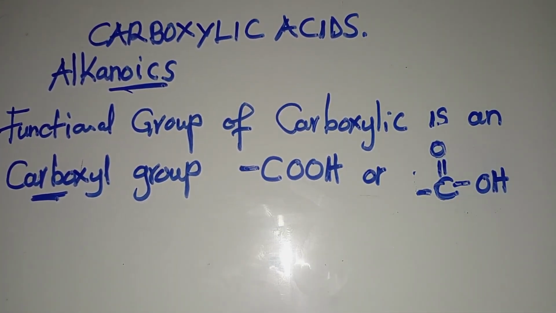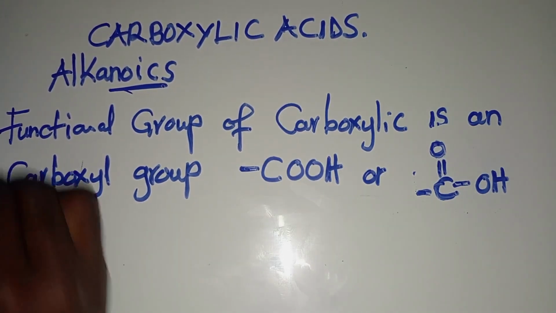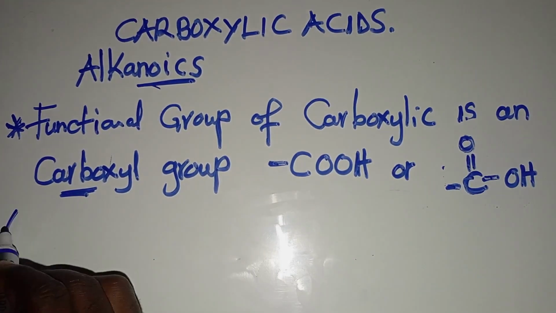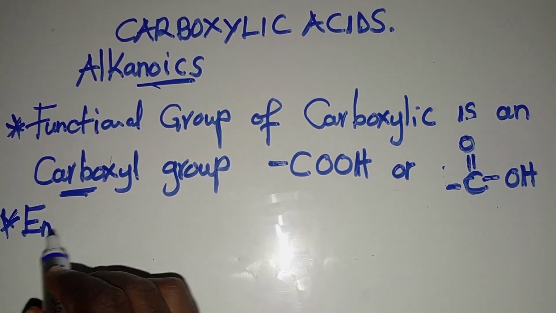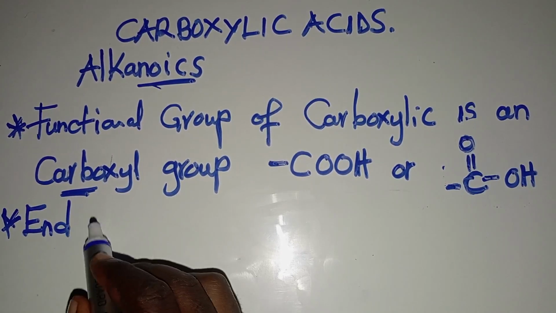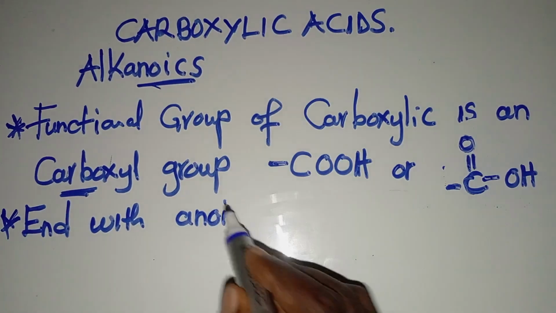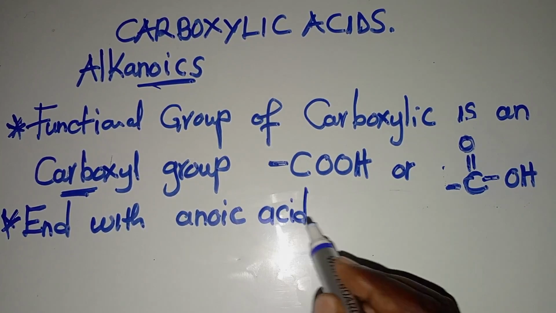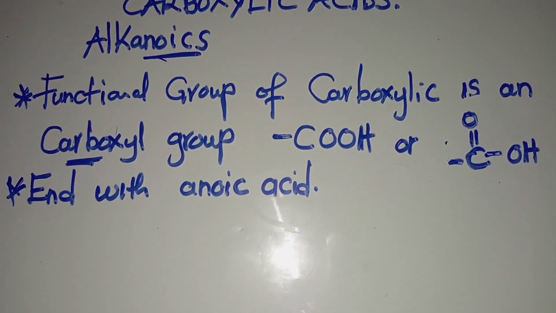The other thing that you need to know is that carboxylic acids end with this particular word, anoic acid. This is how you need to understand them. What is the general formula?